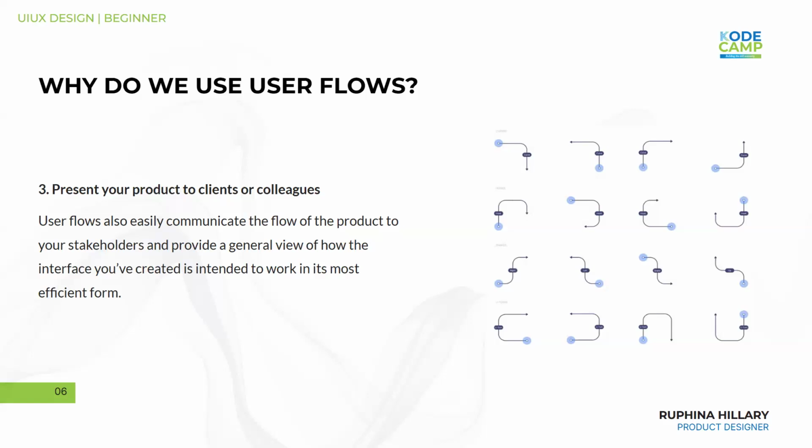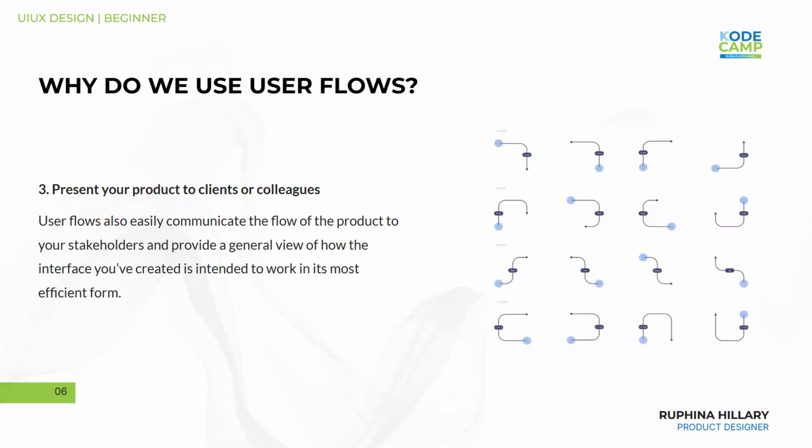So using user flows, we can easily present our product to our clients. So you have told me now as your employer that you have a solution to this problem, and I'm asking you, what's the solution? How can we implement this solution basically? How will this solution be done? Or how will users use this solution you're generating?